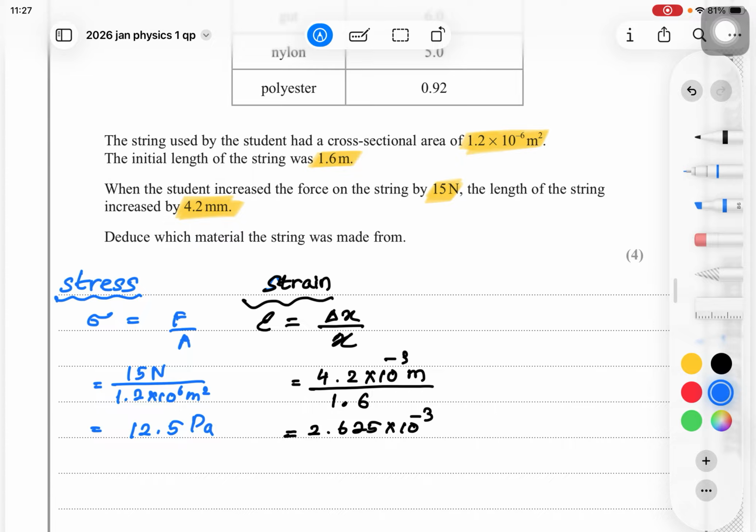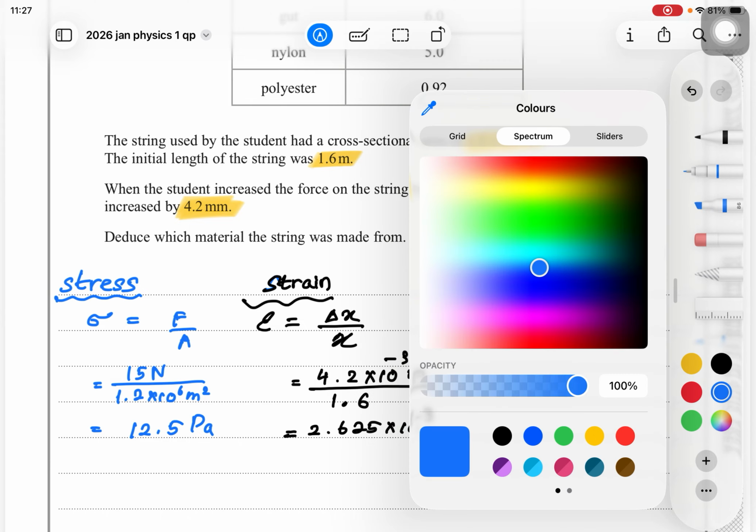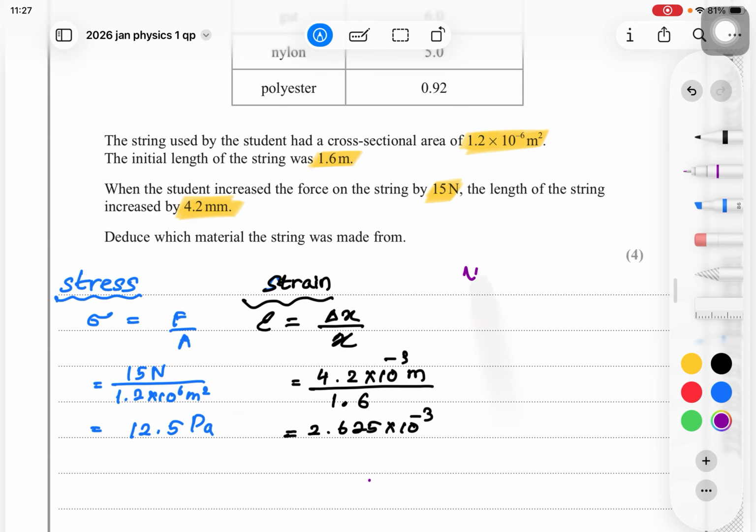Now the final thing would be going to the Young's modulus. Whenever doing a question, the most important thing is to do it step by step so that you have a marking for each step.